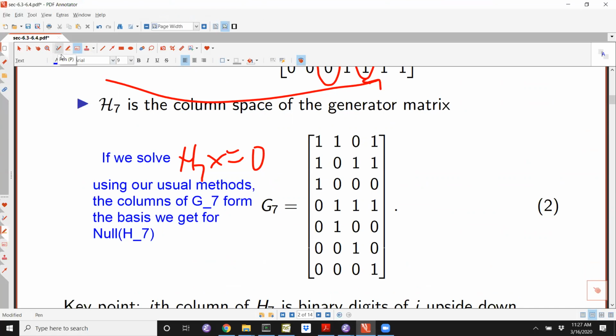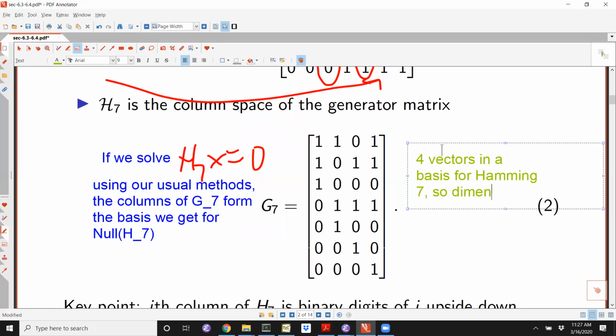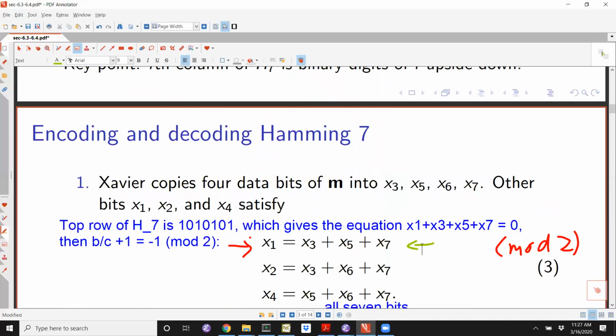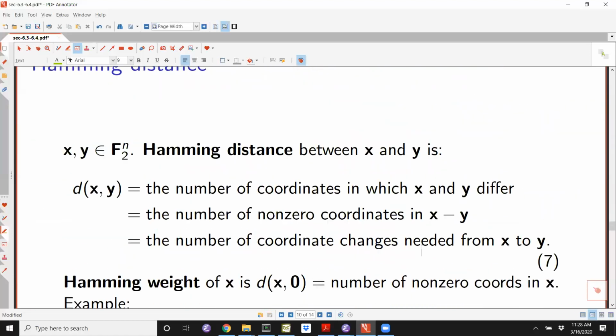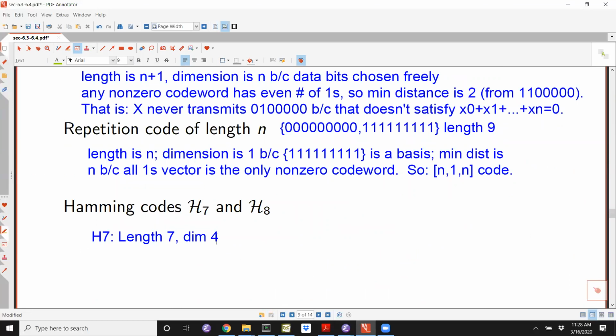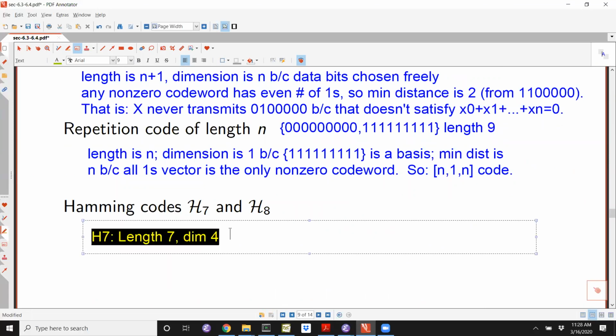There are 4 vectors in a basis for Hamming 7, so it has dimension 4. It's a 4-dimensional subspace of F2 to the 7.